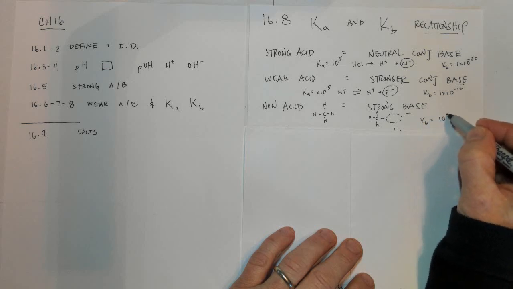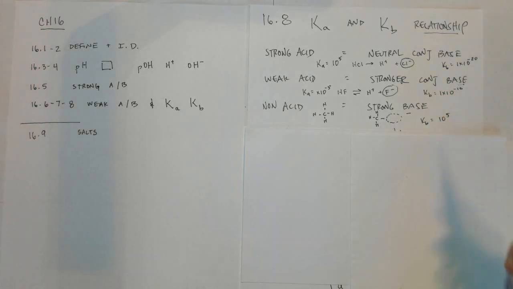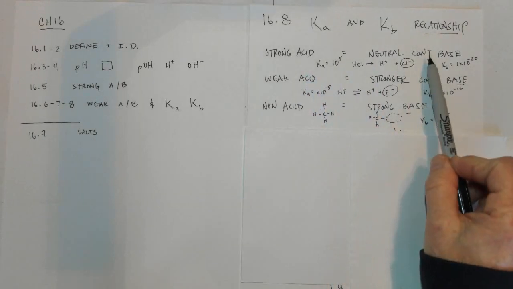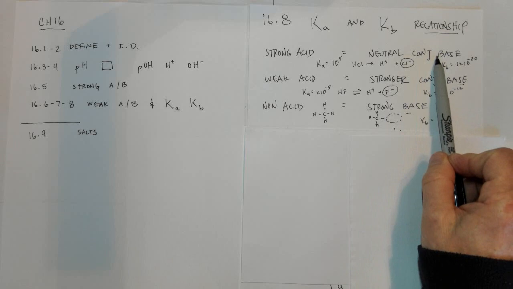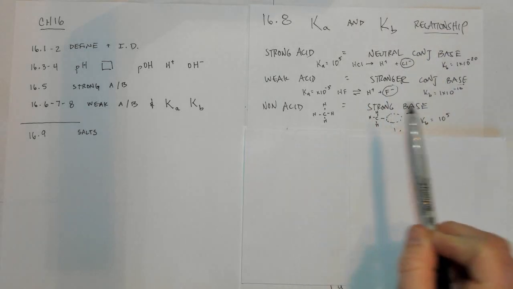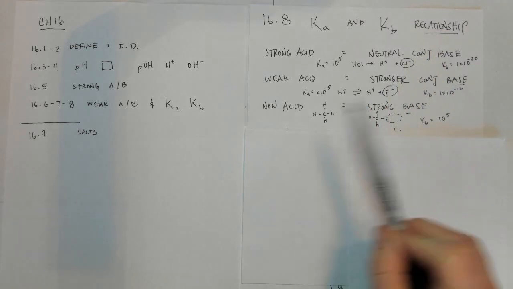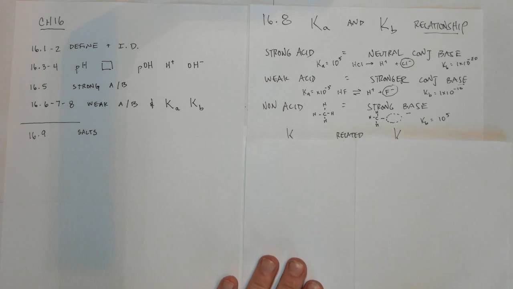Here it would be like 10 to the 5th or so. And so you can see this opposite relationship between strength. If something's a strong acid, it's a super weak base. If something's not an acid, it's a super strong base, and conversely, back and forth.